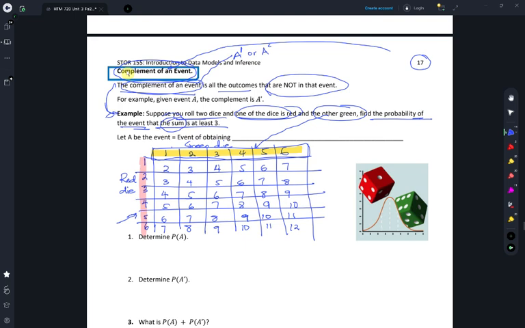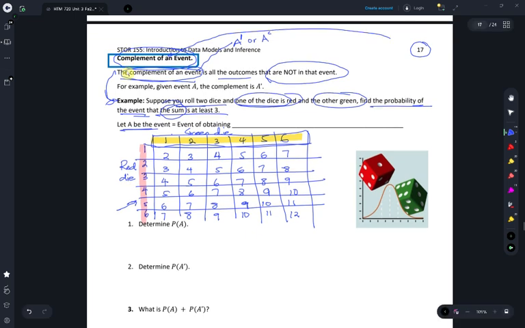And when the sum comes up, we're interested in all instances where the sum is at least 3 or more. So as it stands, we can define the event A as the event of obtaining a sum that is at least 3, or greater than or equal to 3.